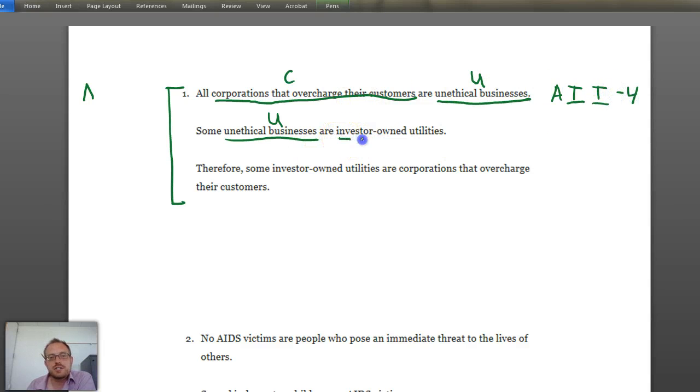Then investor-owned utilities, we'll call that I. So this is investor-owned utilities, I, and corporations that overcharge, C. So what you end up with is that all C are U. Here, let me write it here.